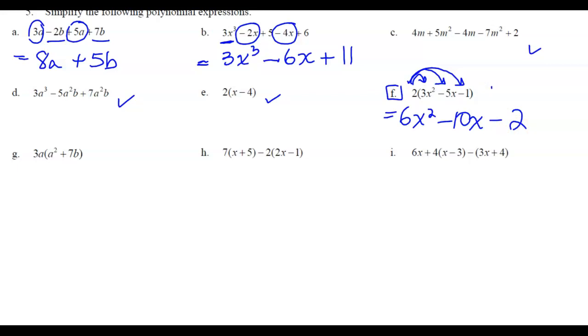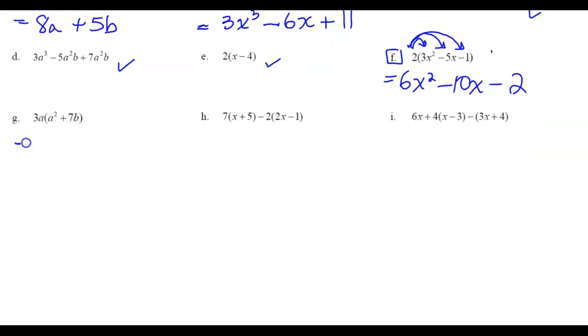Sometimes we'll have to remember our power laws, like in the next one. When we multiply these, 3a times a squared is 3a cubed. A to the 1 times a squared is a cubed. Don't forget, there's a 1 there.